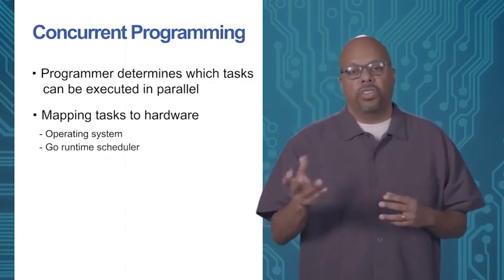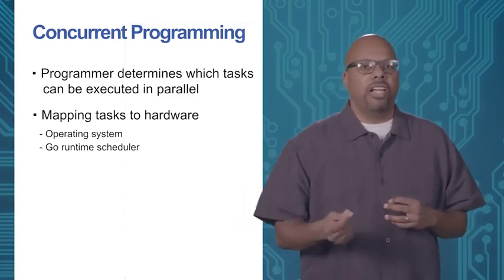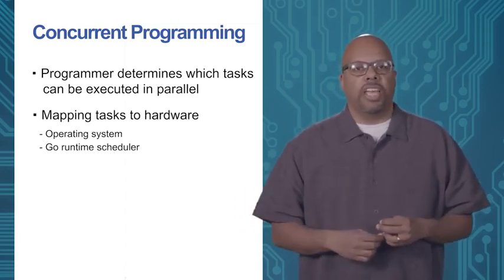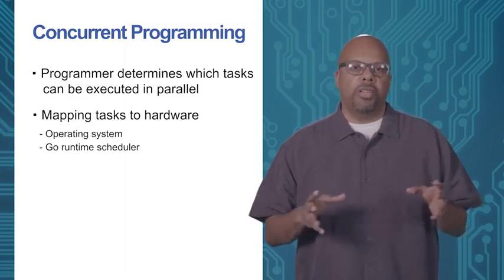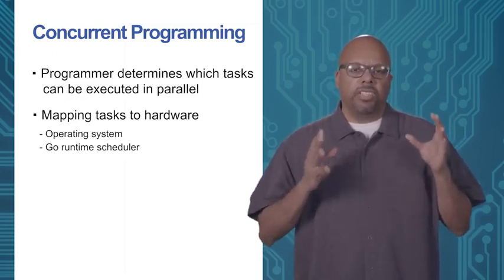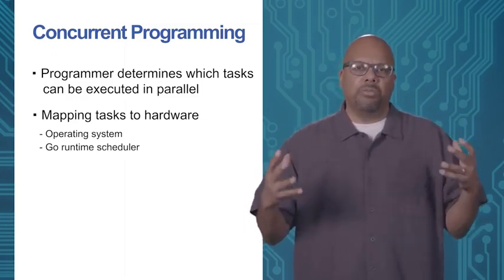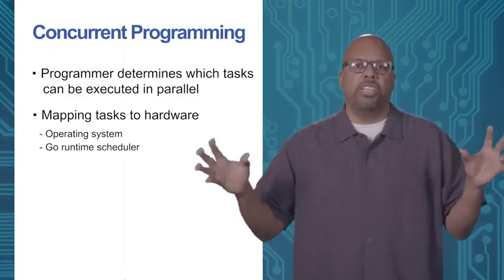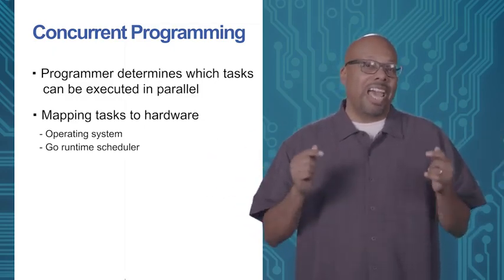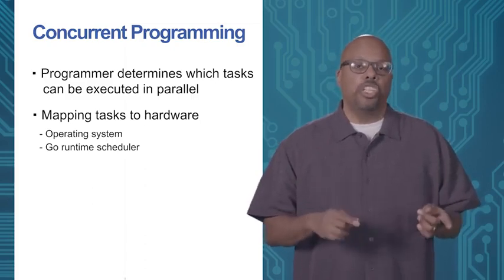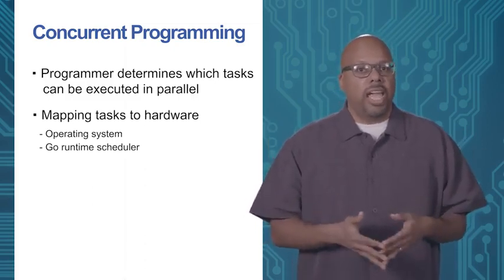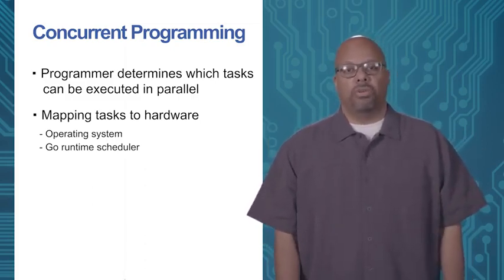That's part of the Go language, actually. It gets compiled into your code, and it handles some of that too. But concurrent programming is where the programmer defines the possible concurrency, what can be done in parallel, what can't be. But what actually is done in parallel and what is not depends on the mapping to hardware, and that's not under the control of the programmer.